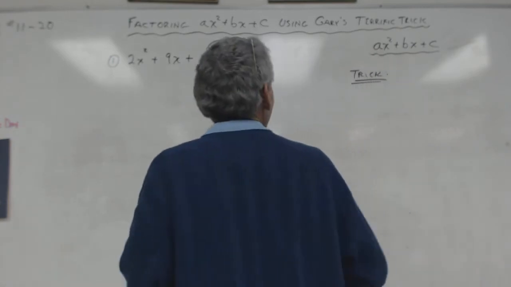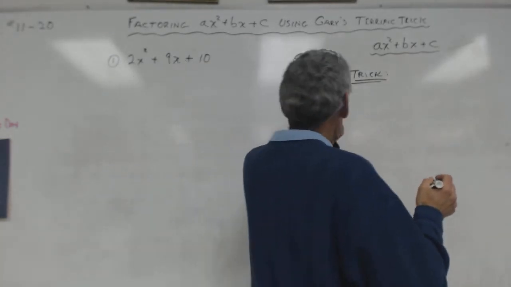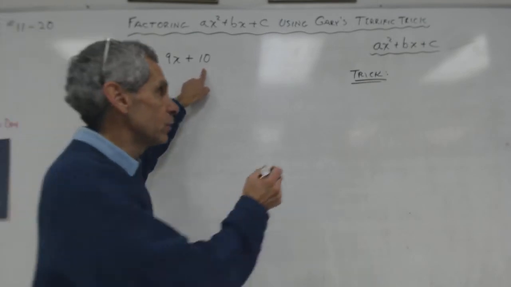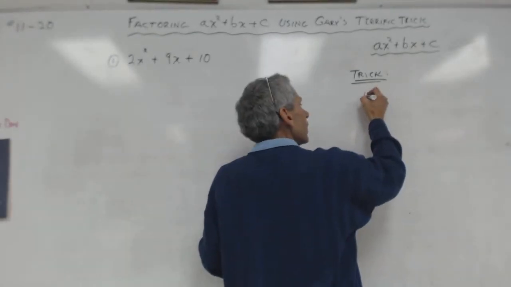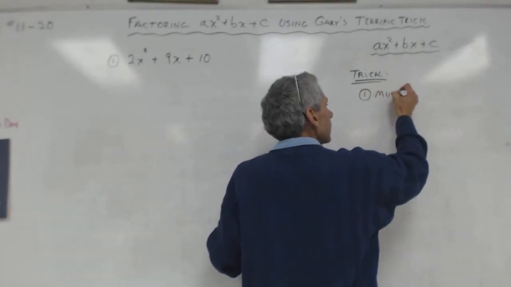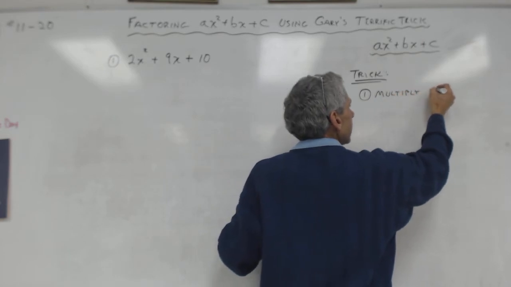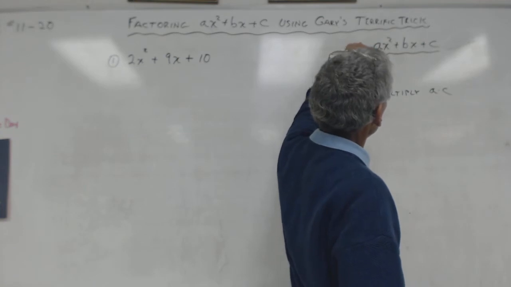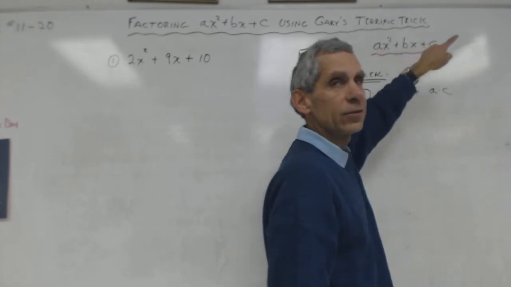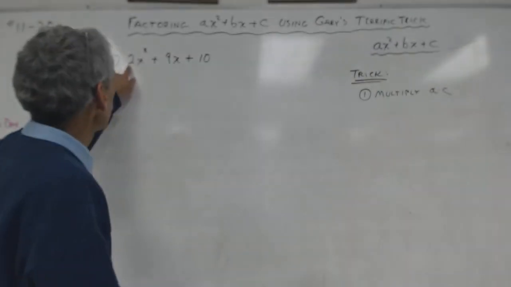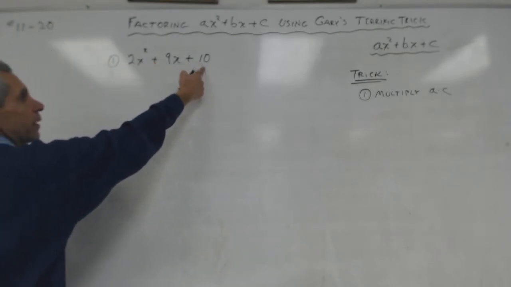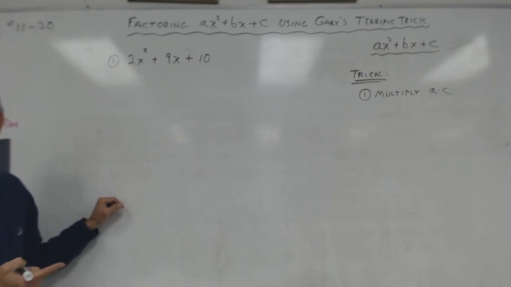Okay. All right. So here it is. Instead of factors of the last number, the first thing you do is multiply a times c. So a is your first coefficient, and c is your last term. We're just going to follow our steps. 2 times 10, what is that? 20.